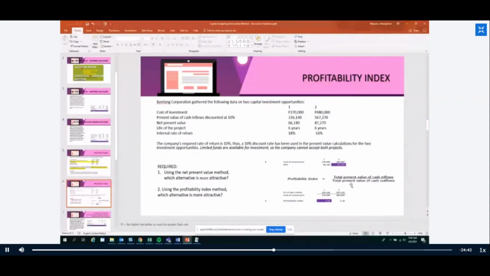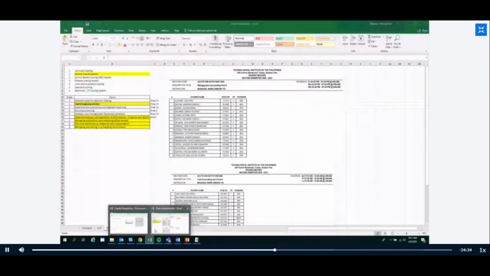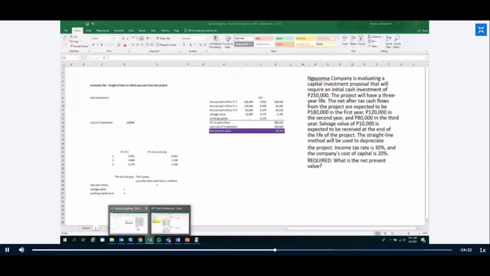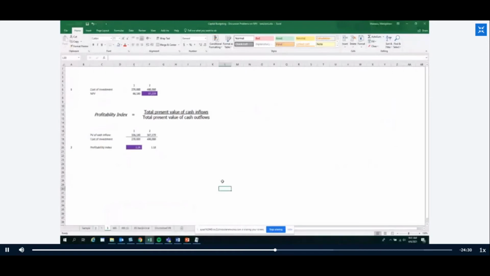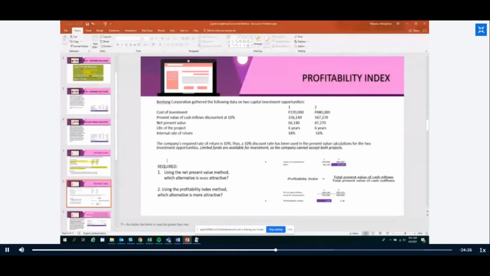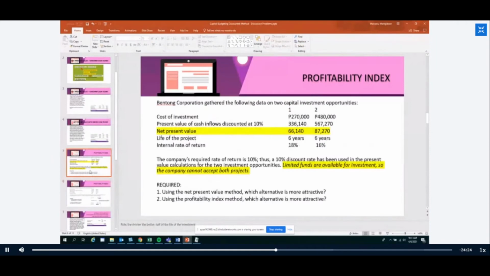So in this case, profitability index. So puntahan ko yung problem 3, profitability index. So kunin ko lang yung problem para hindi nakakalito.